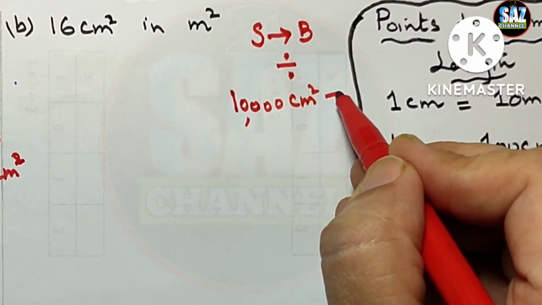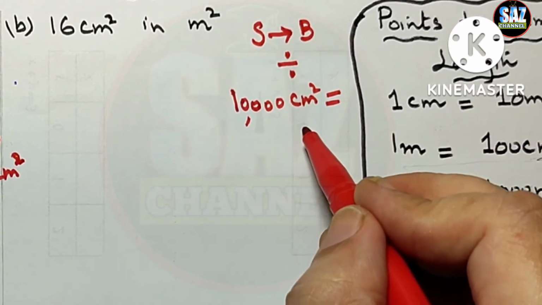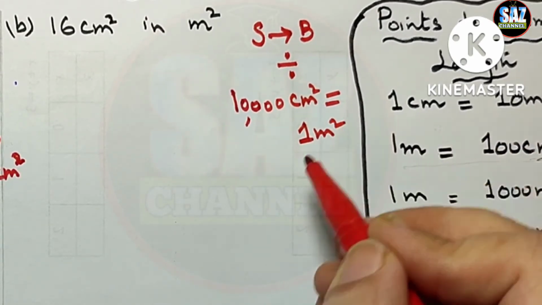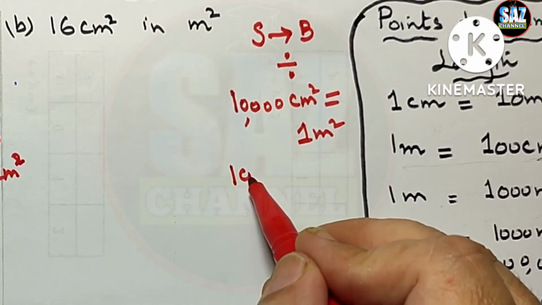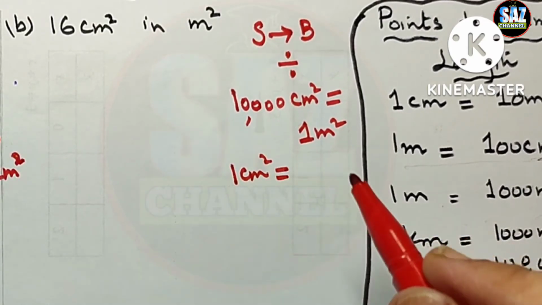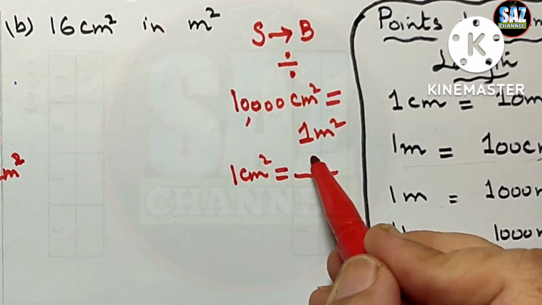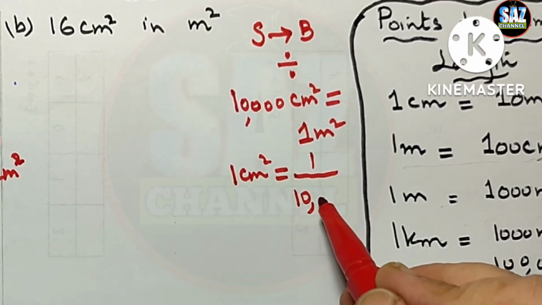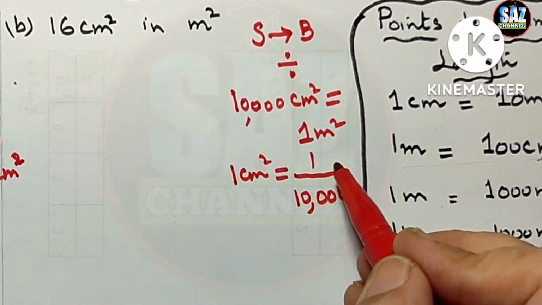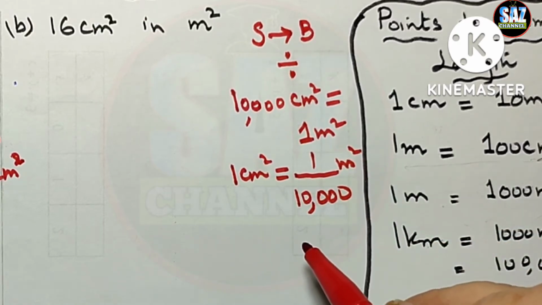Centimeter squares are equal to 1 meter square, and 1 centimeter square will be equal to 1 over 10,000 meter square.